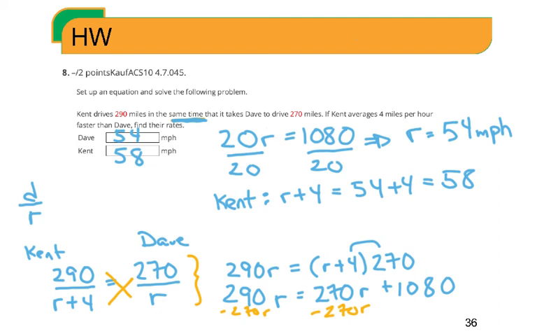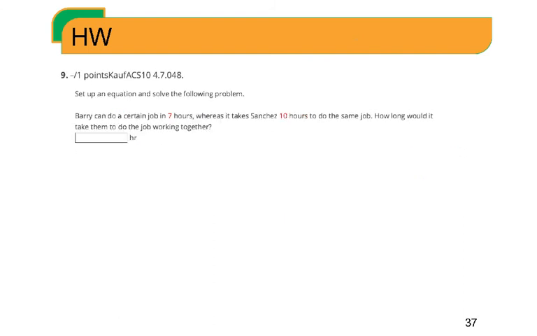All right, we have one more to do. And this one, I think, is a little tricky. So, what do we know? Barry can do a certain job in 7 hours.